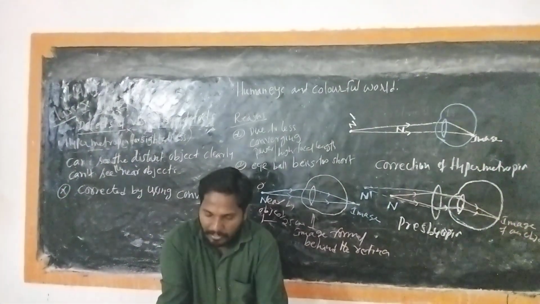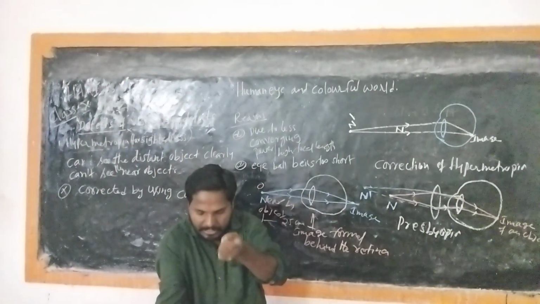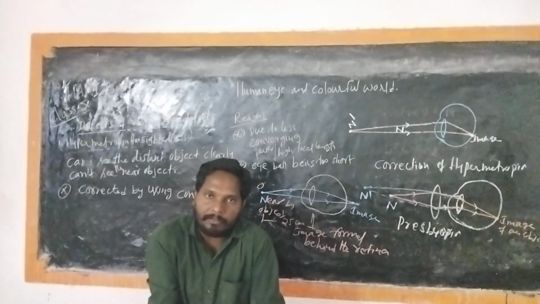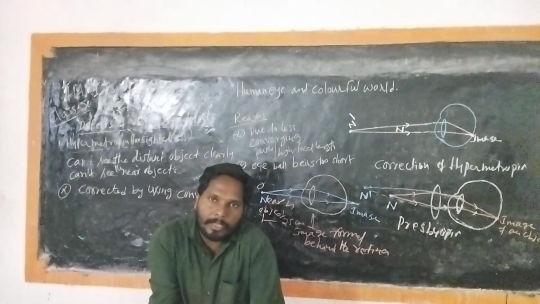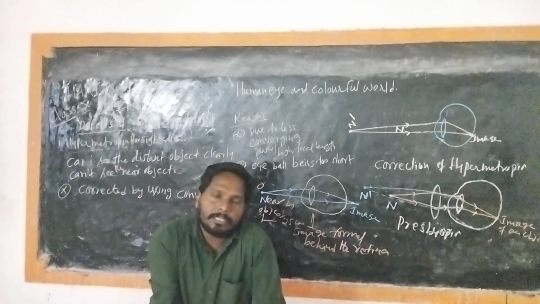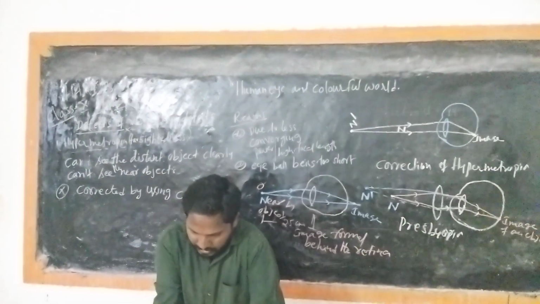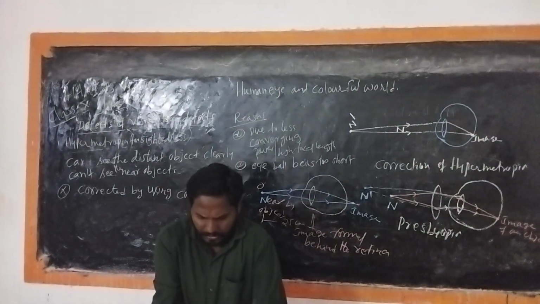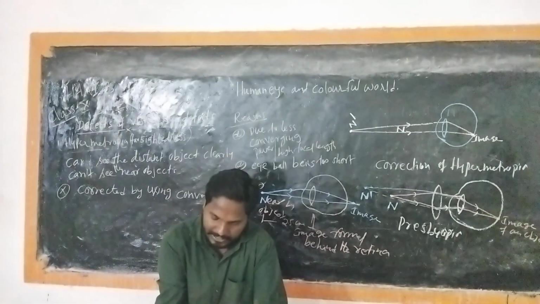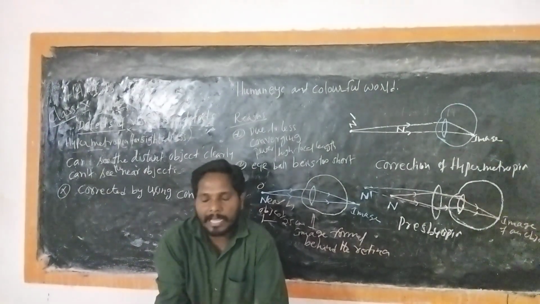The near point of the old person having presbyopia gradually recedes and becomes much more than 25 centimeters away. For the human eye to see an object very clearly, the distance between the eye and the object must be at least 25 centimeters.